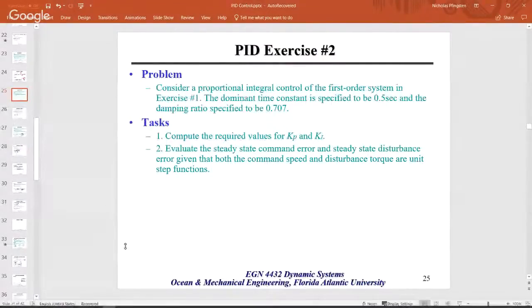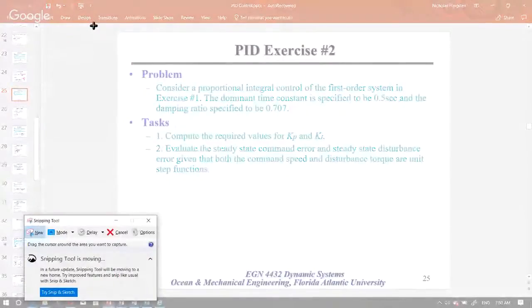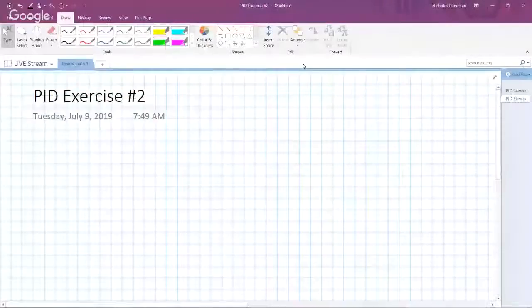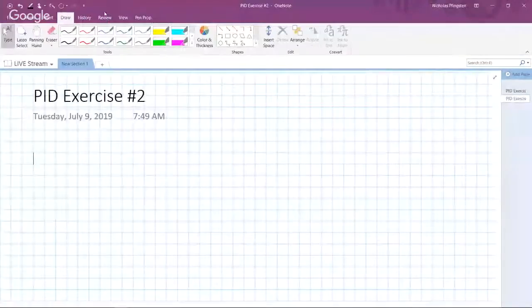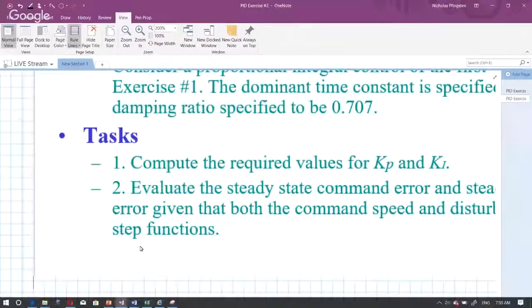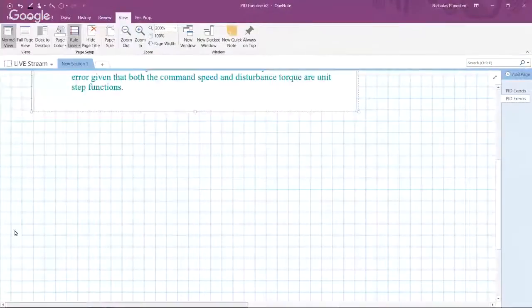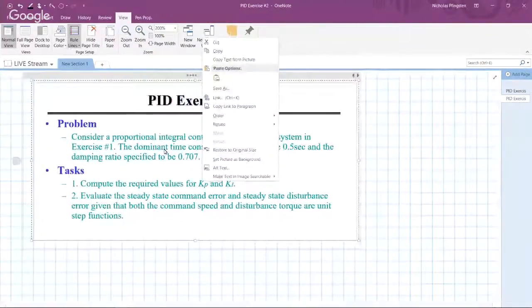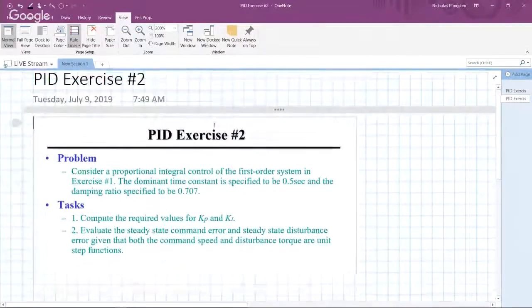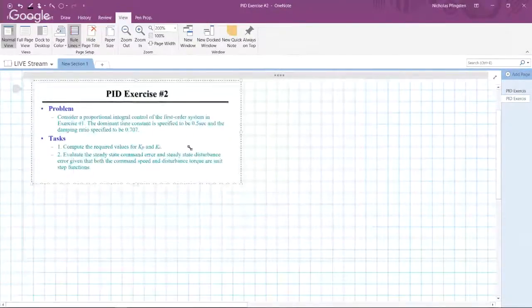I'm going to go snip this problem. All right, there we go.